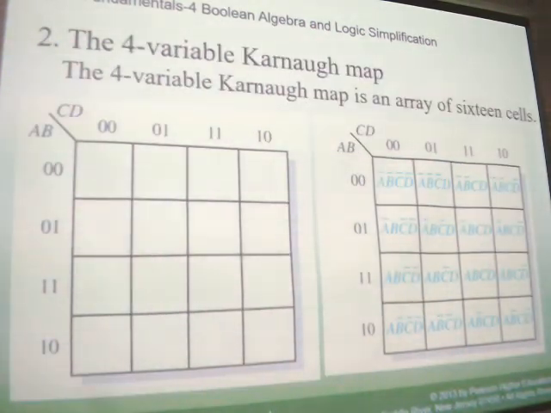The 4 variable Karnaugh map is an array of 16 cells.